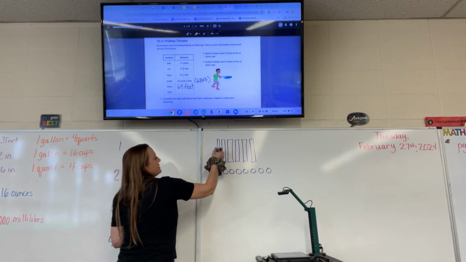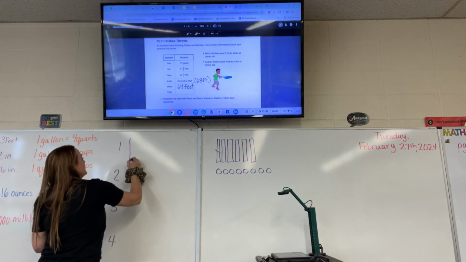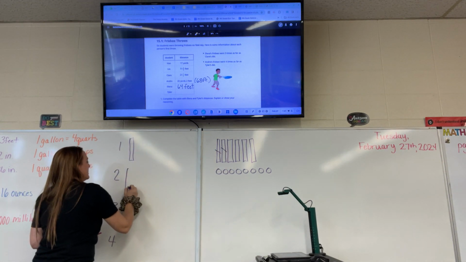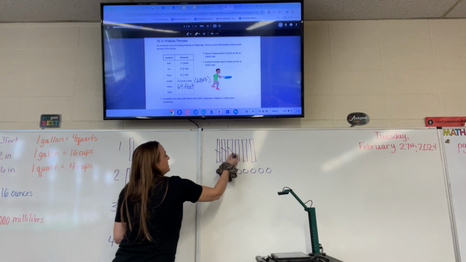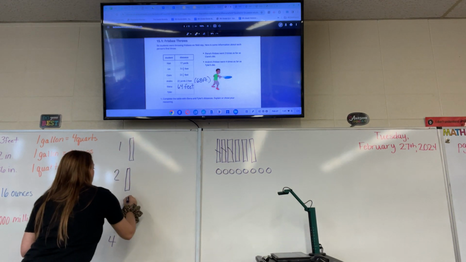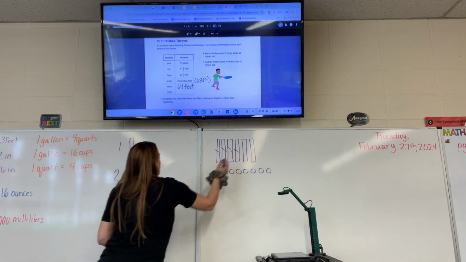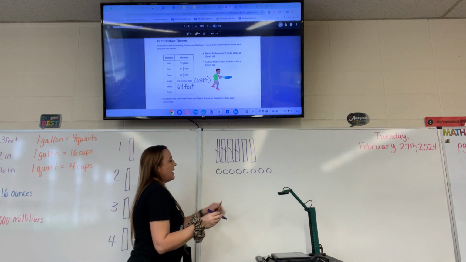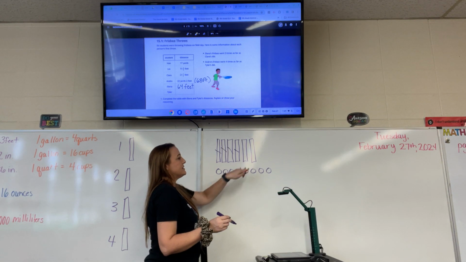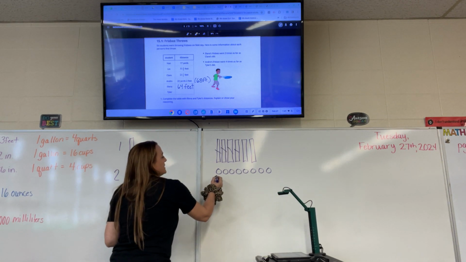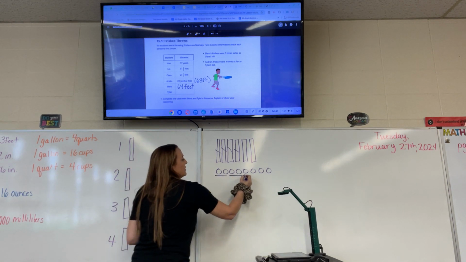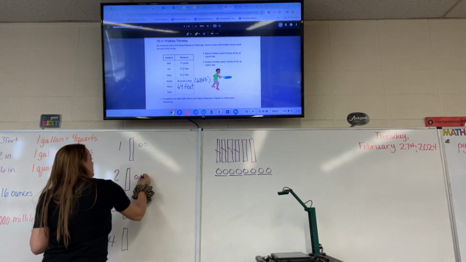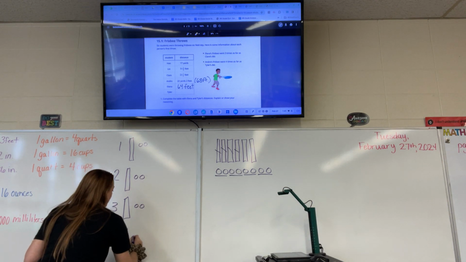I'm going to take this 10 and put it here, and another 10 here, and this one here, and this one here. Now, I have 2 of these 10s left. So let's go ahead and split these. 2, 4, 6, 8. I can give 2 to 1, 2 to 2, 2 to 3, and 2 to 4.